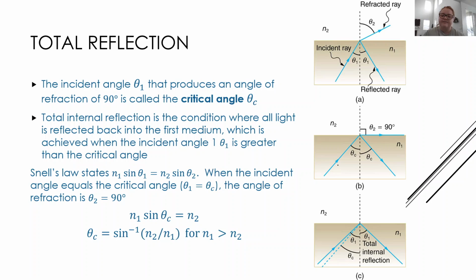And if we have some angle that that incident ray hits from, okay, this is called the critical angle, theta c. So if we move our incident ray to where it is at that theta c, we'll not only have that reflected ray, and that'll be the same, because law of reflection, and then we'll have a theta 2 that is 90 degrees. So it's exactly perpendicular or along the surface, right? It's exactly traveling along the surface there.